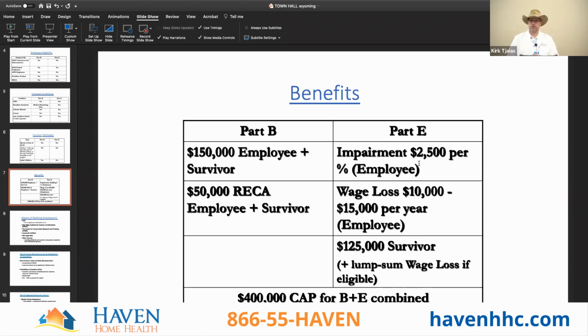So 1% equals $2,500. 100% disability equals $250,000 tax-free. Wage loss is $10,000 to $15,000 per year for the employee that they're out of work. Survivor is limited to $125,000, a lump sum and wage loss.